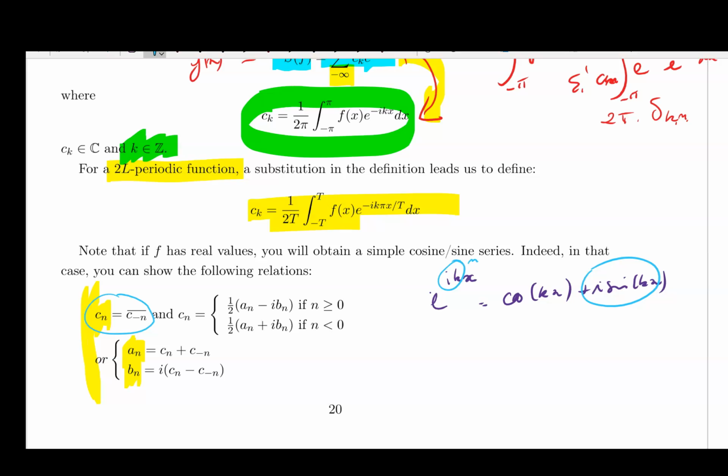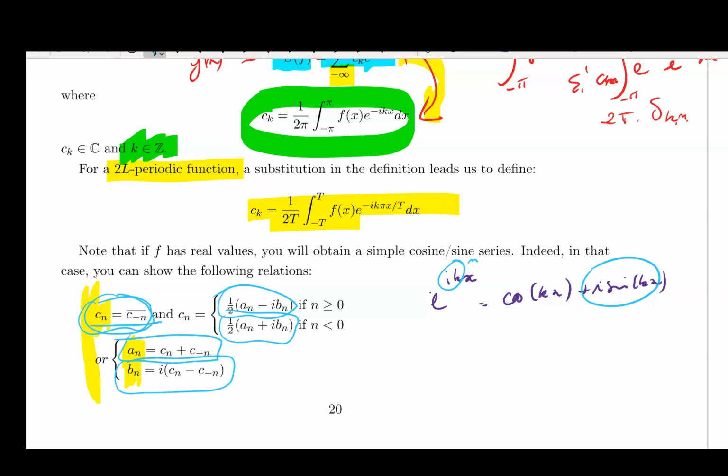That's why you have this relation between those two, and then using that you find the relations for the c_n coefficients. If c_n and c_minus_n are conjugate, then the a_n, the ones in front of the cosine, are going to be given by that, and the b_n would be given by this relation.